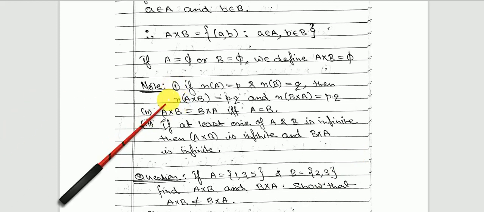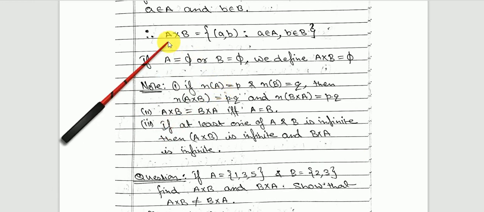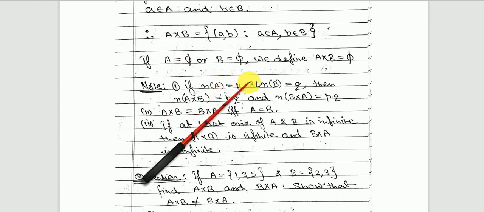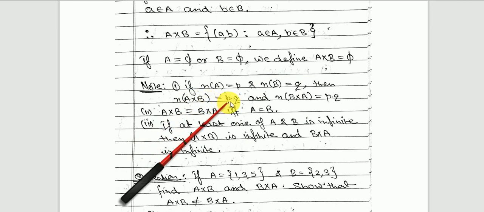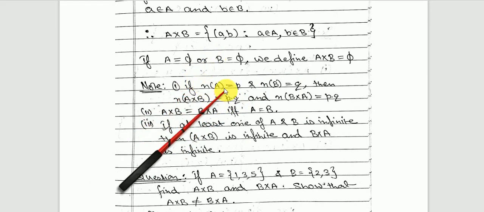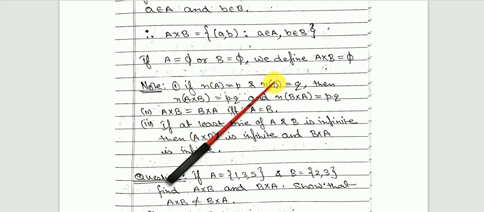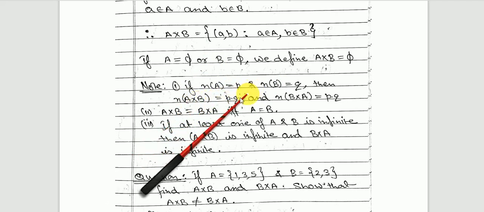You must remember these three notes. If the number of elements in set A is P and the number of elements in B is Q, then the number of elements in the Cartesian product of A and B will be P into Q. So just think that set A has 3 elements and B has 2 elements, then the total number of elements in the Cartesian product will be 3 into 2, that means 6.